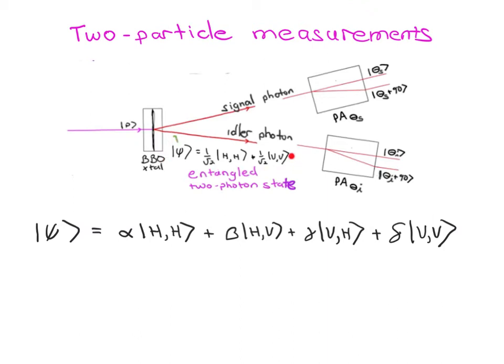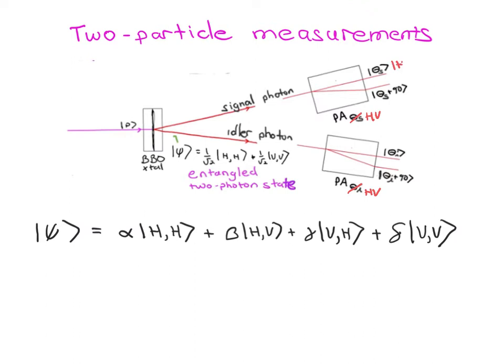Okay, so now let's think about how measurement works on these two photon states. Let's start with this particular two photon state, which is this equally weighted linear combination of HH and VV. What that means is we send a photon in that two particle state into a pair of measurement devices, and they can be oriented at any angle, but let's consider the particular case in which they're oriented so that the thetas are both 0. So you're measuring with respect to the HV basis.